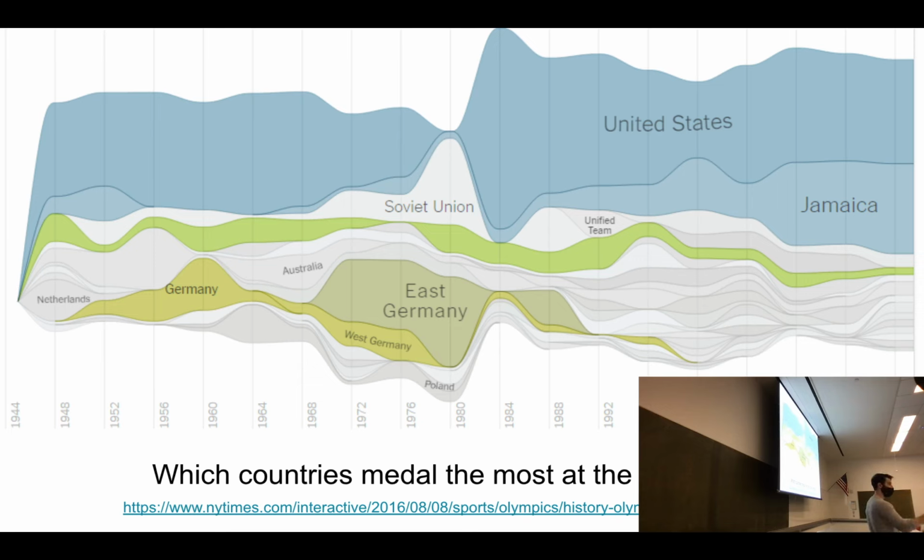But that's a design choice, right? Not everything is annotated. If I annotated every single line, it'd get really cluttered really fast. So they just highlighted some of the bigger countries, the ones that have a bigger amount of medals.